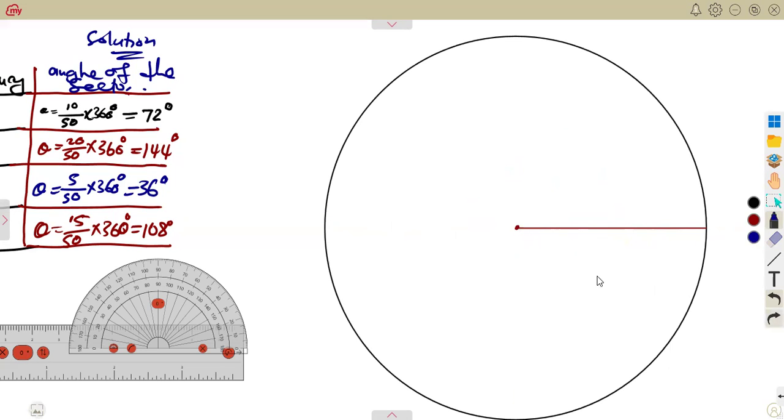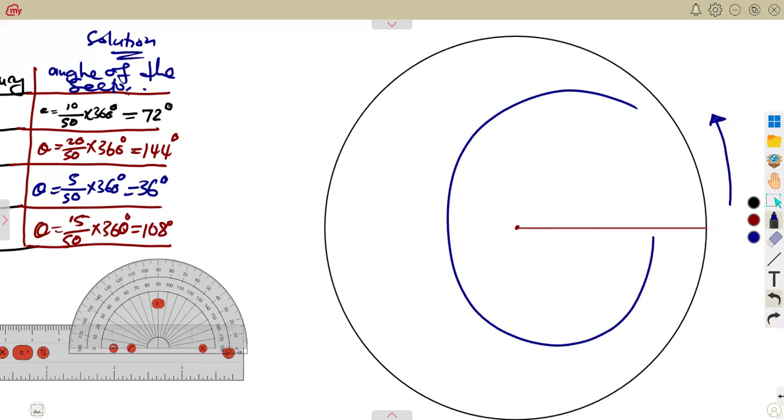As for me, I'm going to start this side. But what is important is, as you present, follow a certain direction. As you measure your angles, either you measure going anti-clockwise or you take them in the clockwise direction. It's up to you. As for me, guys, I'm going to take my angles in the anti-clockwise direction, going this way until I'm done.